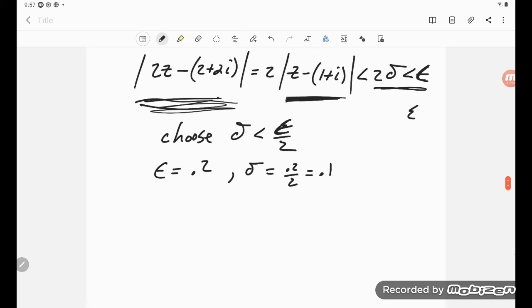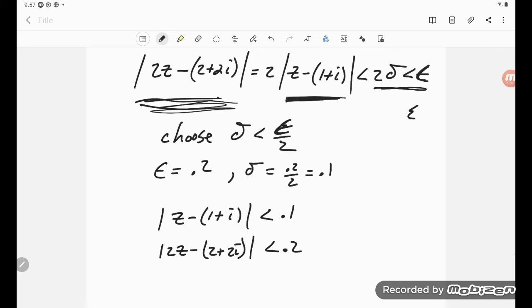And I'm going to insist that the absolute value of z minus 1 plus i is less than 0.1. But now, if I multiply through by 2, I will get that 2z minus 2 plus 2i is less than 0.2, which is what we insisted on.